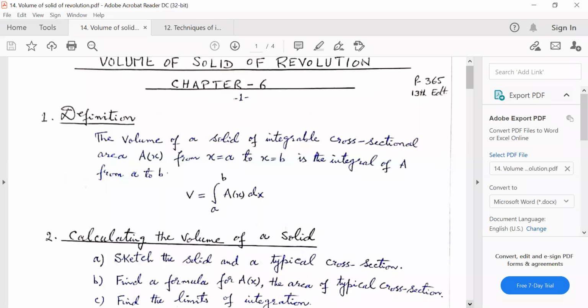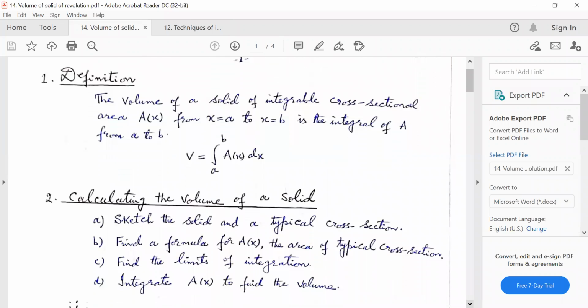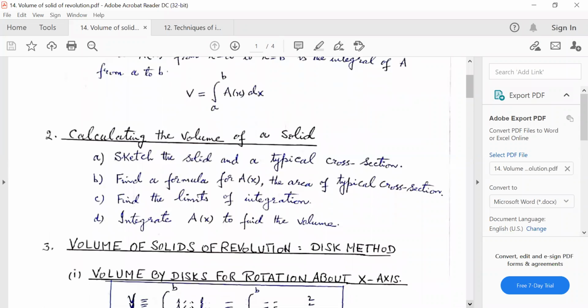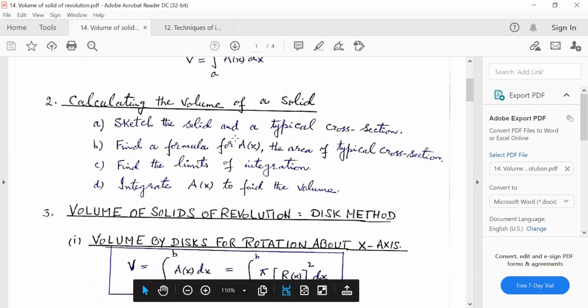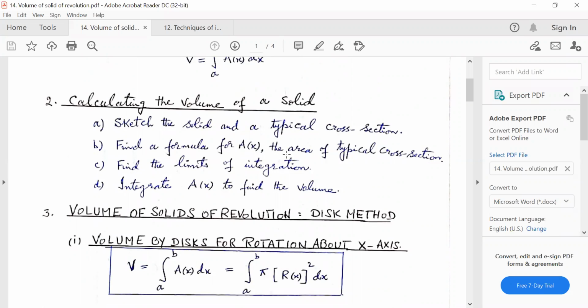But the technique for calculating the volume of a solid is, number one, sketch the solid and a typical cross section. Find a formula for A(x), the area of the typical cross section. Find the limits of the integration. Integrate A(x) to find the volume.